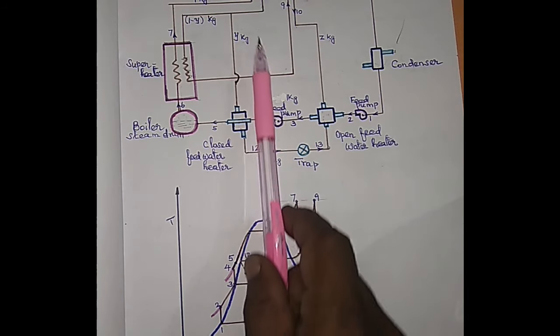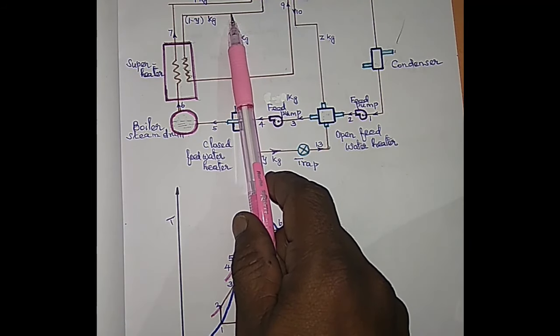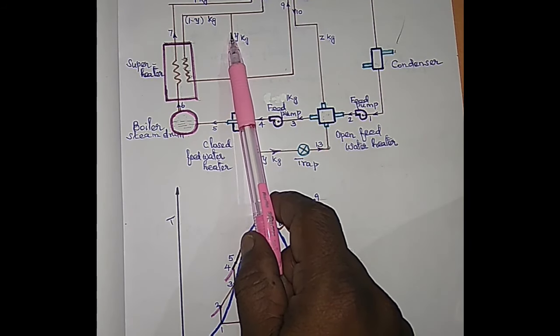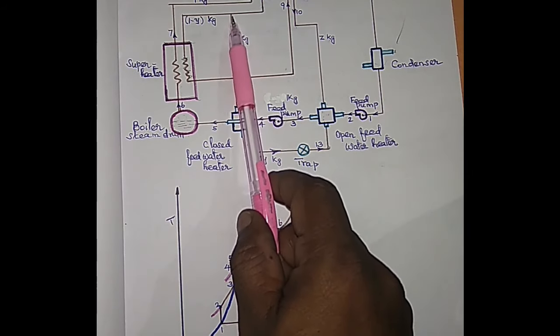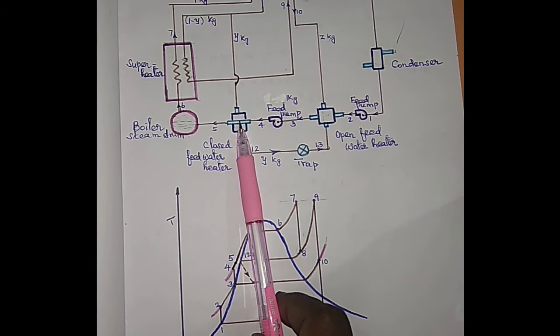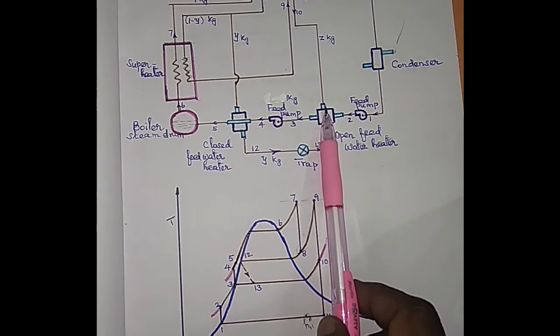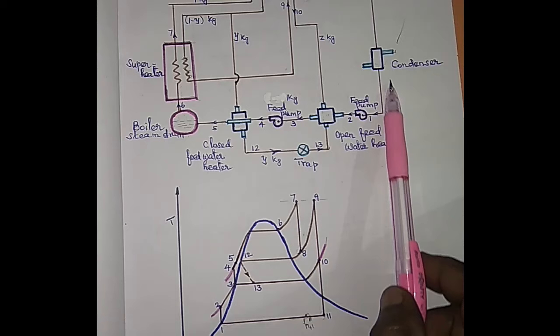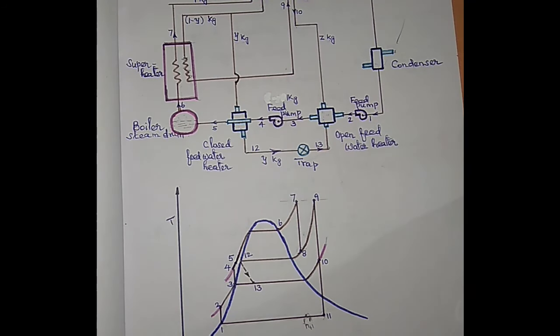Regeneration is nothing but a small amount of steam is extracted at different stages, like here y kg of steam is extracted, here z kg of steam is extracted for increasing the feed water temperature. Before the feed water enters into the boiler, we want to increase the temperature.